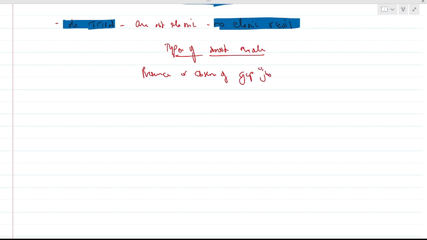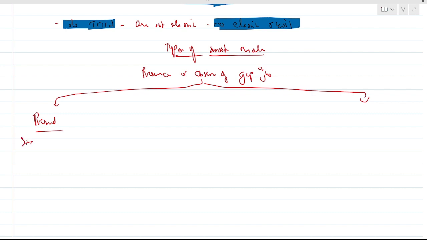Gap junctions, as in cardiac muscles, are mediated by connexin protein, required for a functional syncytium. This is of two types. First, on the basis of presence: when gap junctions are present, these are called single unit or unitary smooth muscles. Okay, very simple.